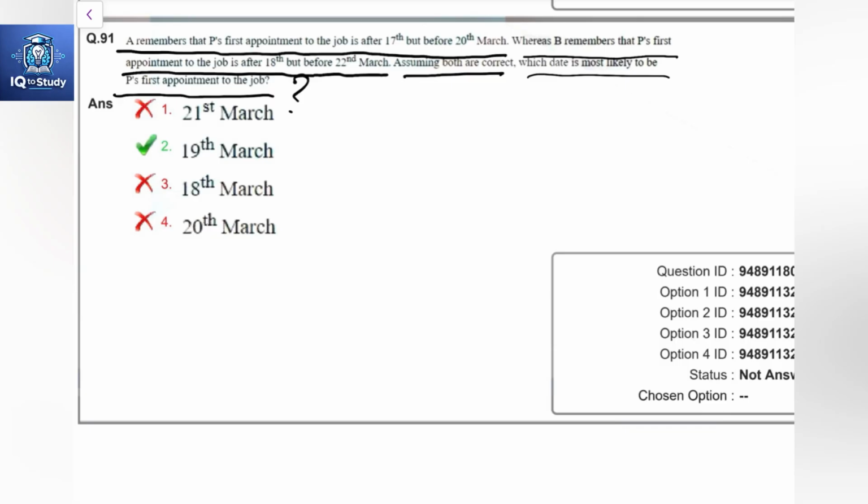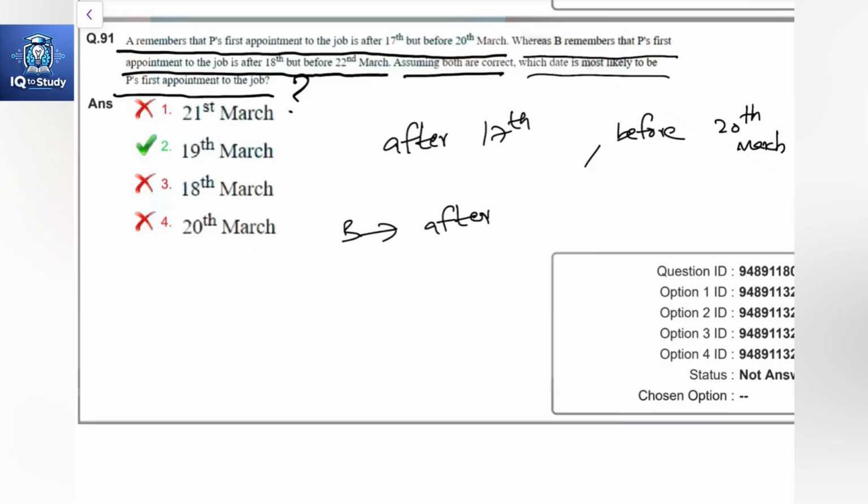The logic here is P's first appointment to the job is after 17th and before 20th, whereas B remembers it is after 18th but before 22nd March.